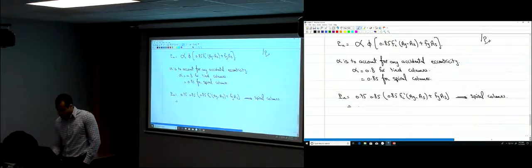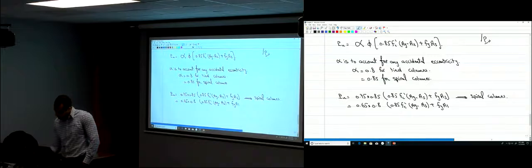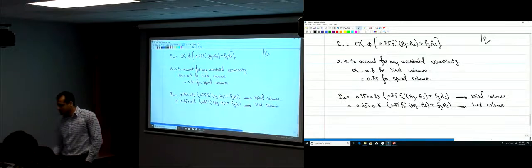And the other equation is for tied columns. The factor of safety, phi, here is 0.65, and this is 0.8, and the rest of the equation is the same over here. So that's for tied columns.